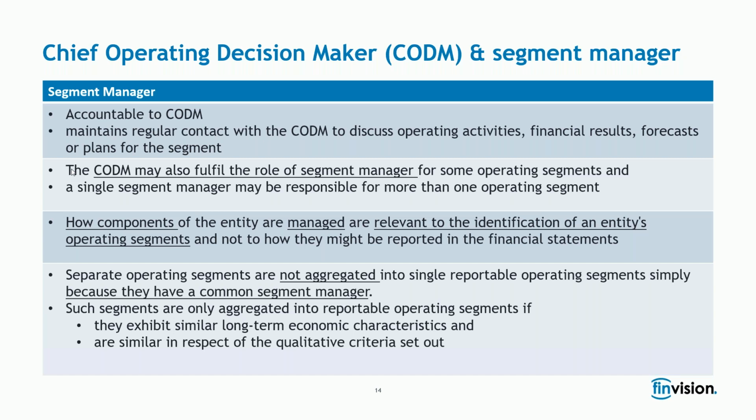Those have aggregation criteria, which we will come back to later on. So chief operating decision maker is the key person or persons to identify, to assess what information he, she, or they are using to make the decisions. The segment managers could help to identify what operating segments are in place within the company or within the group.